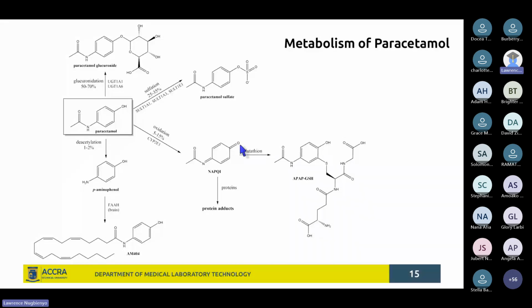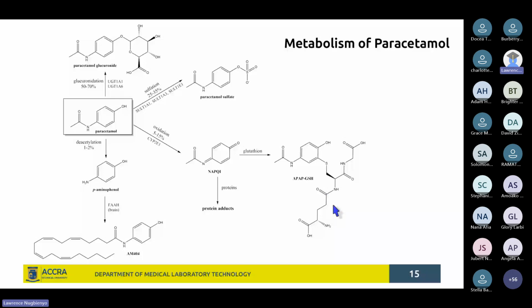A quinone is formed. And in fact, this metabolite is actually a toxic metabolite of paracetamol. Even though it almost immediately, when it is formed, gets conjugated by glutathione and gets excreted.